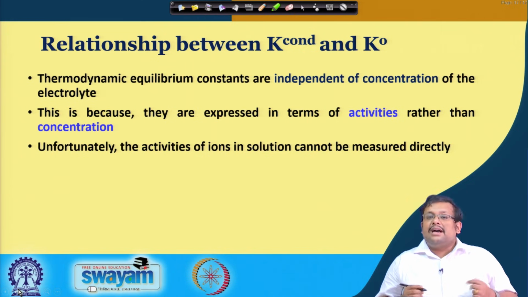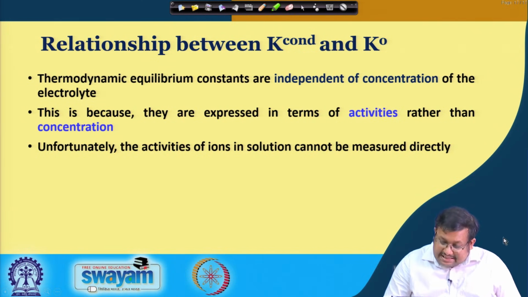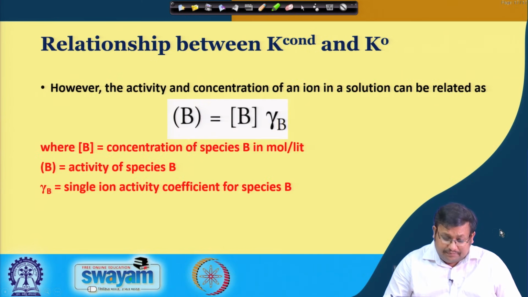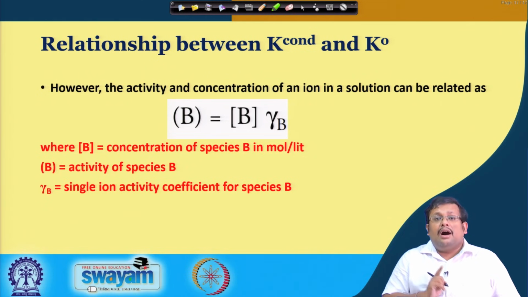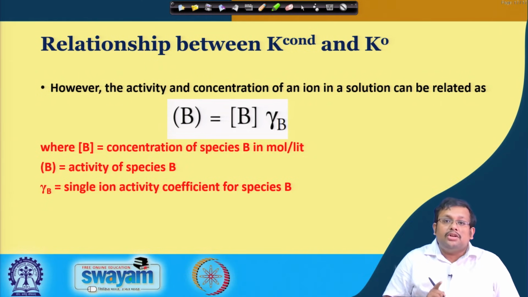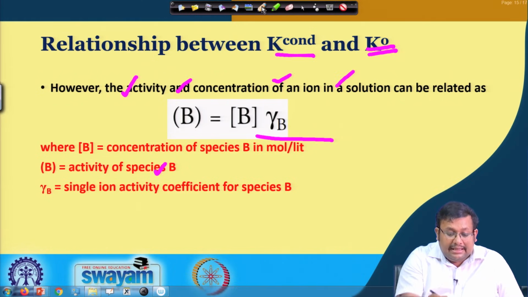Unfortunately, the activities of ions in the salt solution cannot be measured directly, which we have already discussed. Fortunately, the activity and concentration of an ion in a solution have a relationship, which is this one.